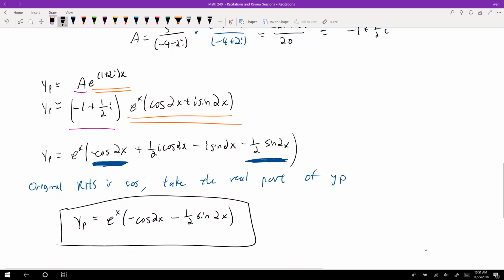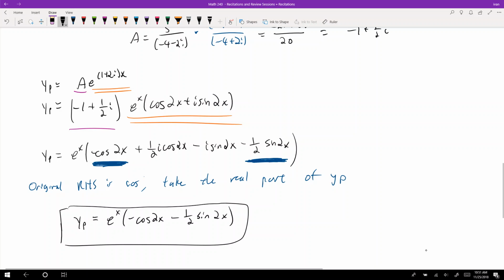If the right-hand side were sine, so if instead of cosine this is sine, then we would take the imaginary parts and then we would drop the i in our particular solution. So we're actually going to see an example of that in the next problem. Okay, so that's yp.